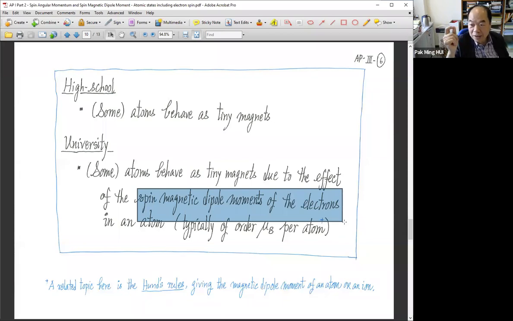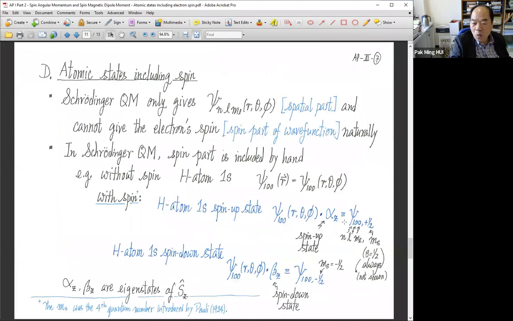The real understanding started in 1926 when quantum mechanics came up, and Heisenberg played a leading role in the understanding of magnetism. We will have more to say about it, but it's all spin, okay? That's the point.